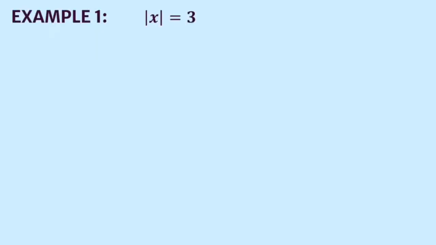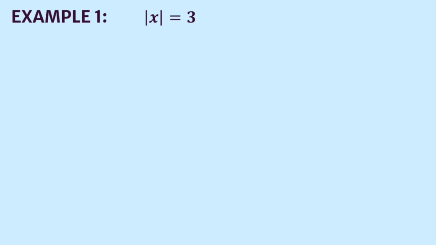Okay, let's have here an example. So we all know by just simply looking at this problem, we can say that the x here will be 3 for us to satisfy the expression. So the absolute value of 3 is equal to 3. Okay, let's show it.